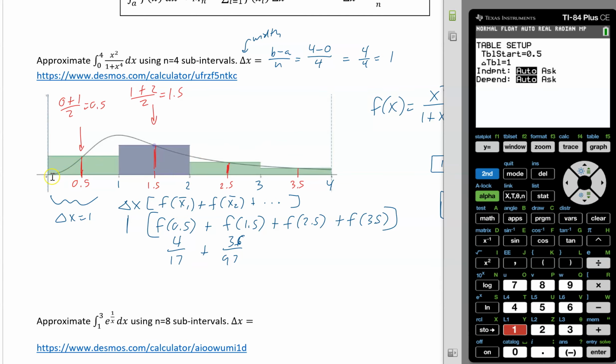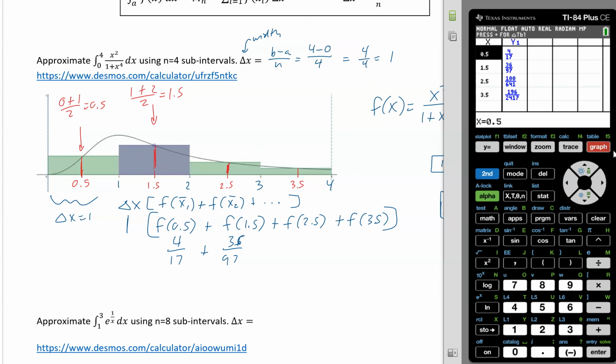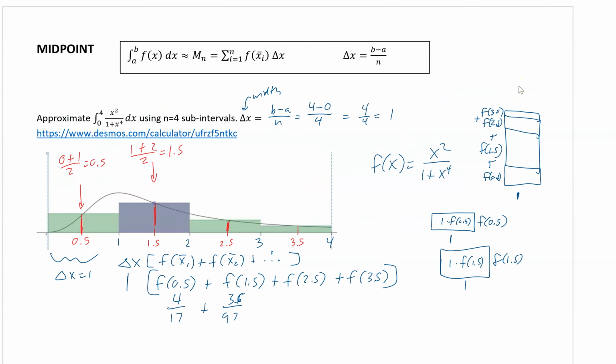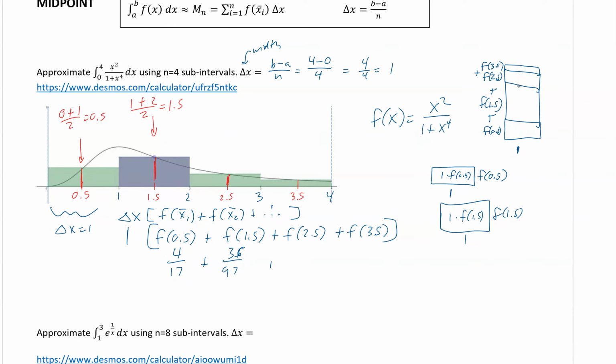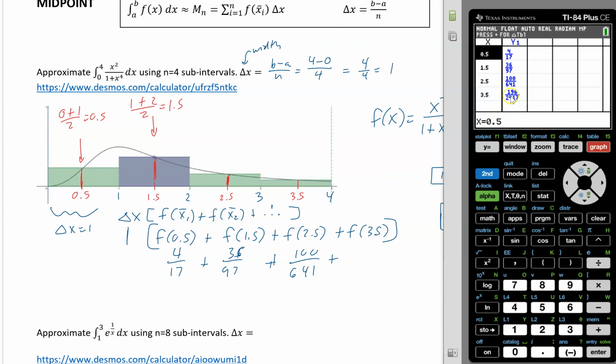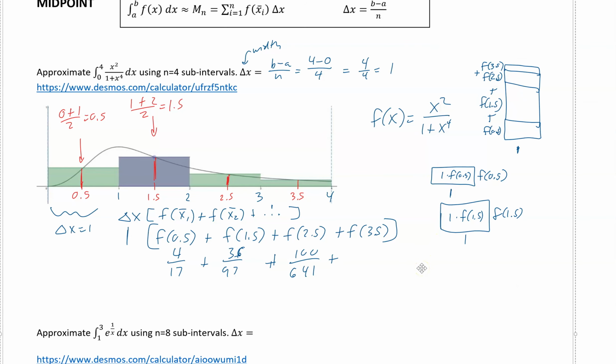Now you could also start at 0 and just do 0.5s, and it'll give you all those points for 1.5, 2.5, and 3.5. It works the same way. But what we're doing here is if you use your table function, see, it spits them out. So the next is 100/641. You don't have to keep hitting trace. It's a one-time thing. And then 196/2417.